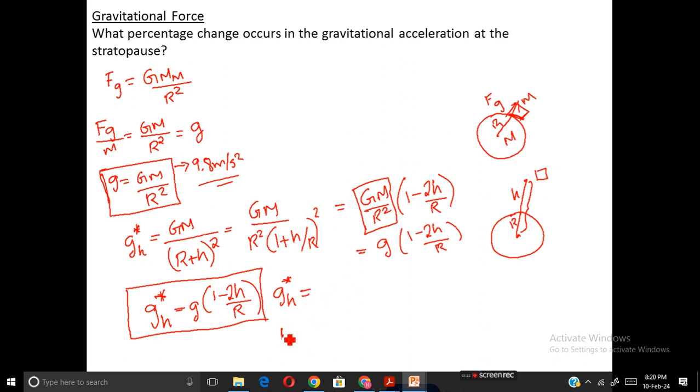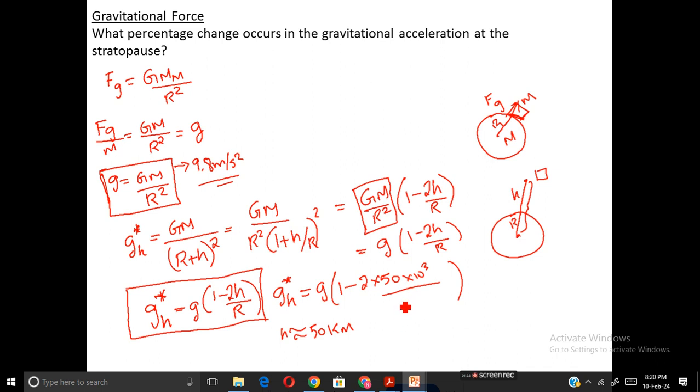Let us consider it as 50 kilometers just for ease of calculation. So at h equal to 50 kilometers, what will g h be? It will become g into (1 minus 2 into 50 into 10 raised to 3 by the radius of the earth). Do you remember the radius of the earth?